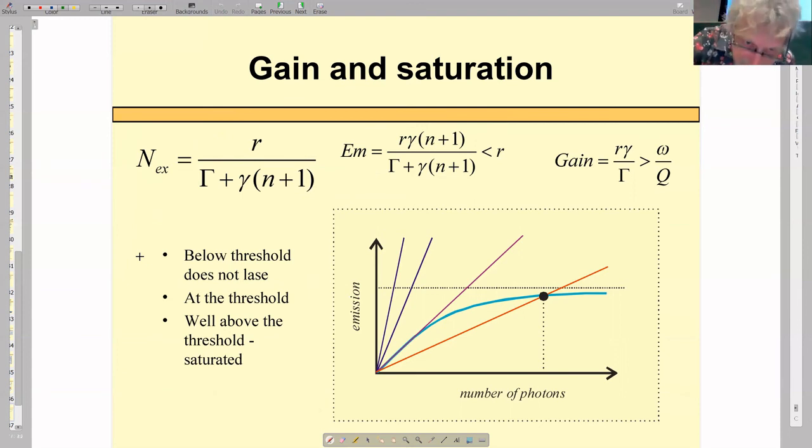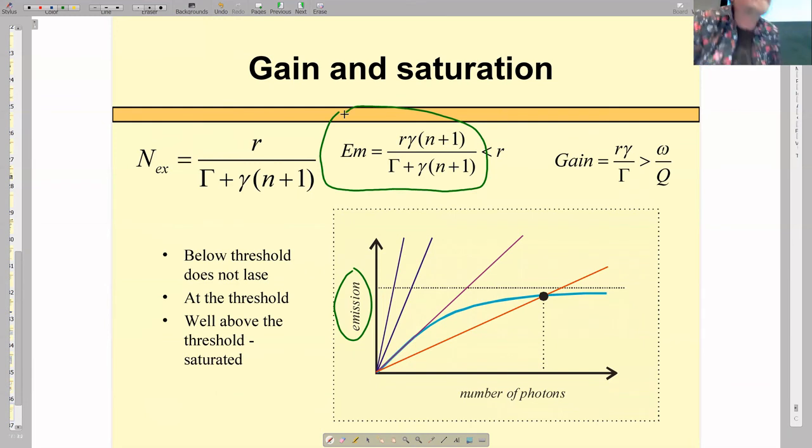If I plot emission from the laser, it looks like this. It's proportional to the number of atoms, but if decay into the lasing mode is too big, it also tries to diminish the number of excited atoms.